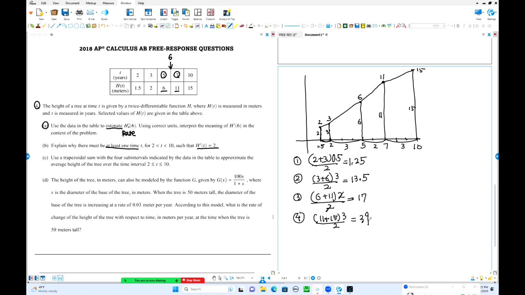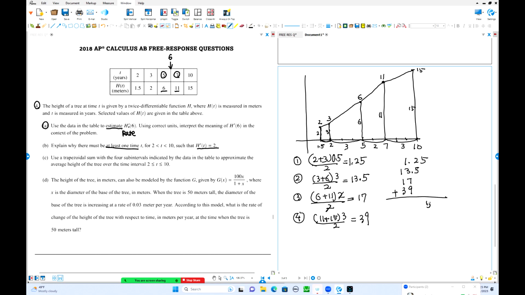Okay? So we're going to add all this area, right? That is your approximate distance integral. Okay, we'll rearrange this. 13.5, 17, 39.